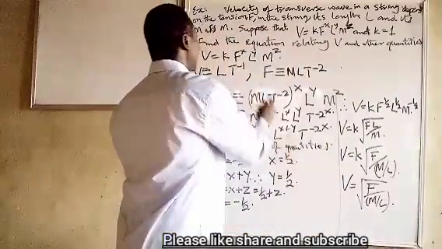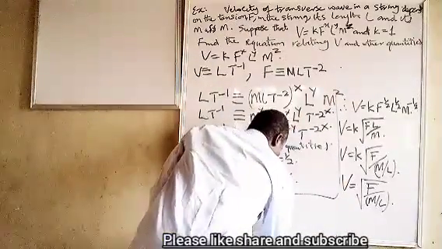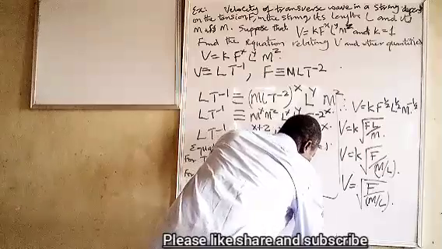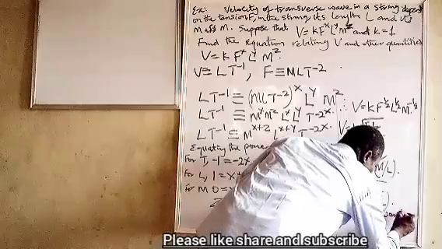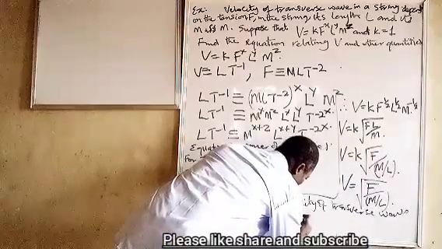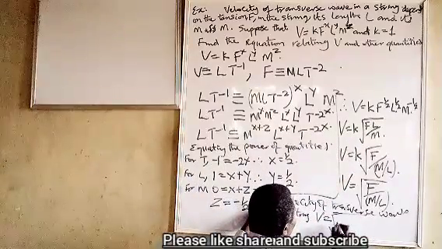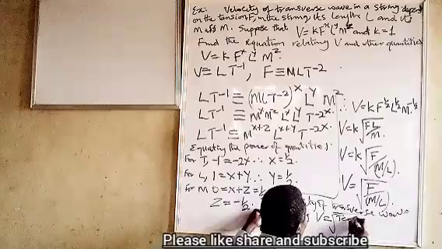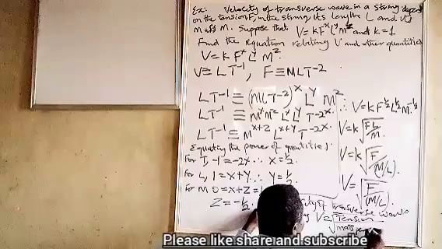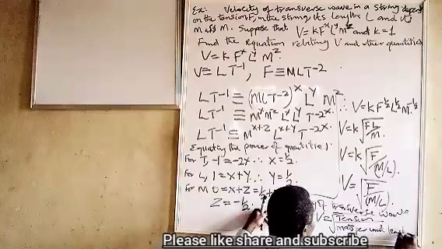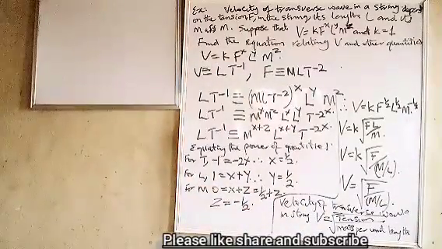So you can now see that the velocity of transverse wave in a string is equal to the square root of the tension over mass per unit length. So you can see what dimension has helped us to achieve.